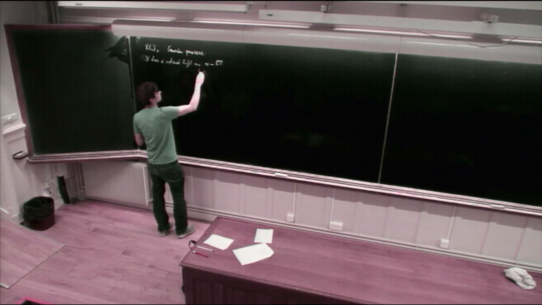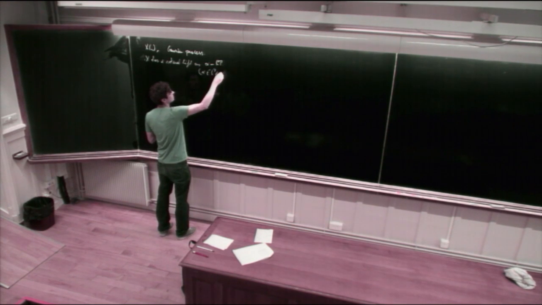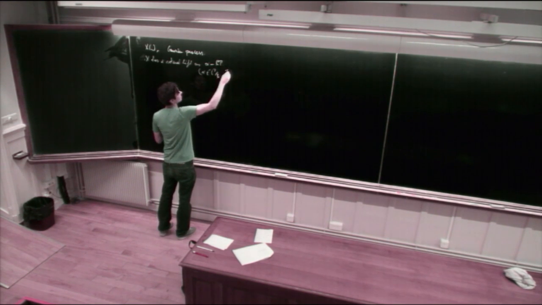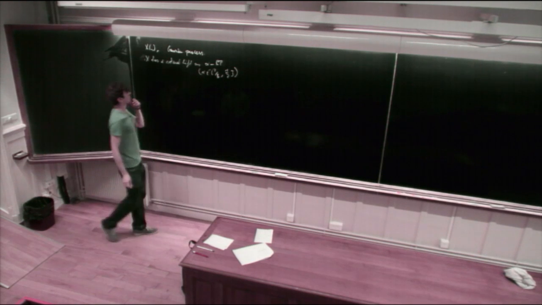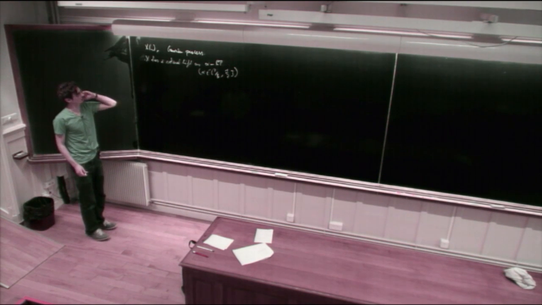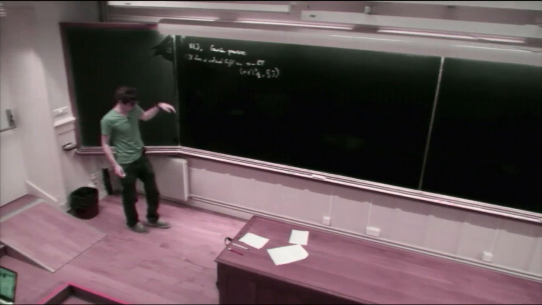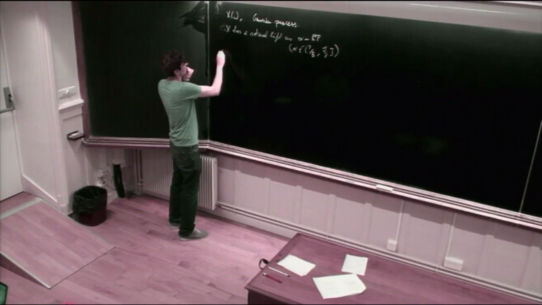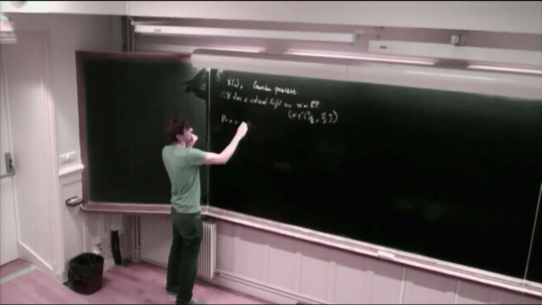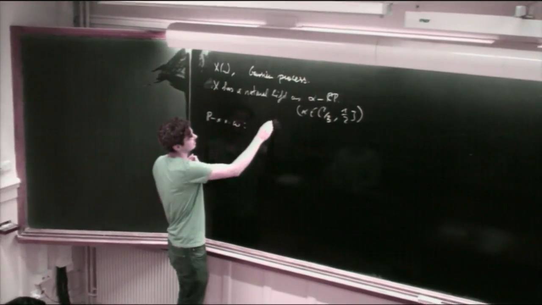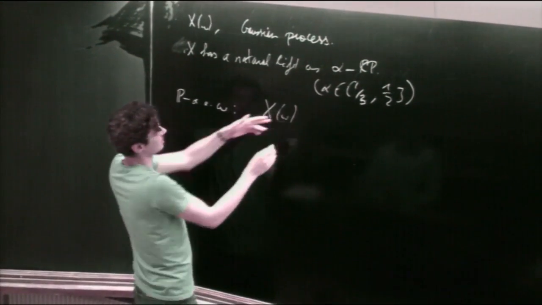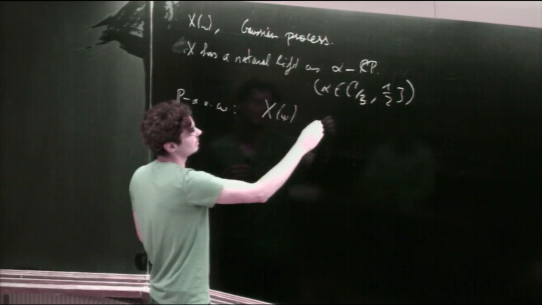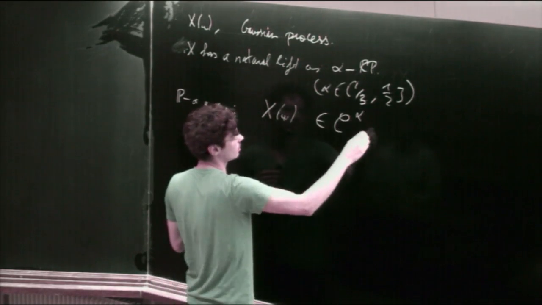And still alpha between 1/3 and 1/2, to be in this level 2 setting. So what I mean here by natural lift, maybe Peter explained this quickly Tuesday, I'm not sure: at least for P almost every omega, X of omega is alpha Hölder continuous.